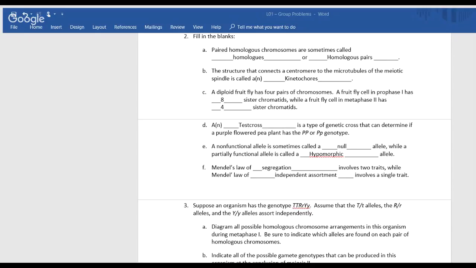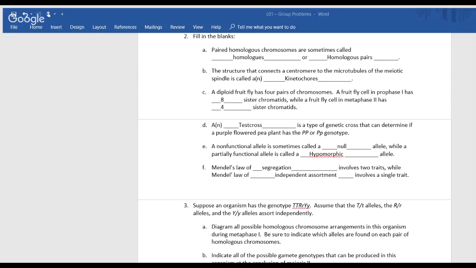The centromere as a whole is connected together, and the kinetochore is the actual spot where it connects to the microtubule.